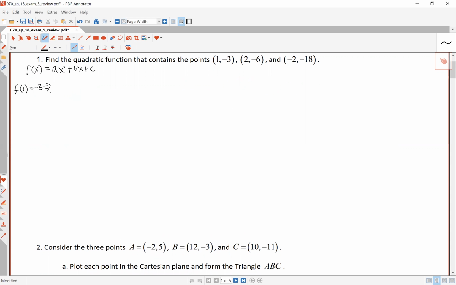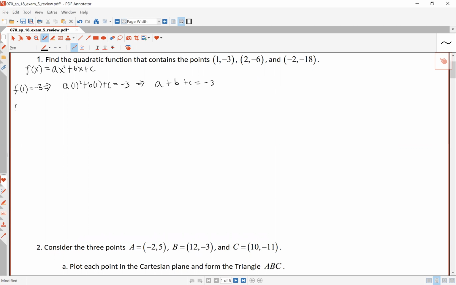So by plugging in x equal to 1, we get a times 1 squared plus b times 1 plus c equals -3. When working the exponents, that tells us a plus b plus c is equal to -3.